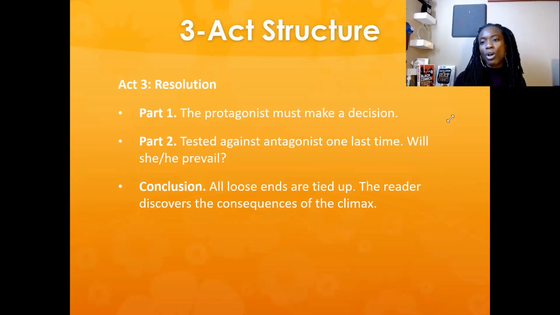Okay, so you always want to leave the reader satisfied, but if you want to continue the story into multiple seasons, right, leave some cliffhangers in there so that the reader will want to come back and read your second season. Now, if you're just doing a comic book and you say it's going to be 9 issues and that's it, right, tie up as many loose ends as you can, right?